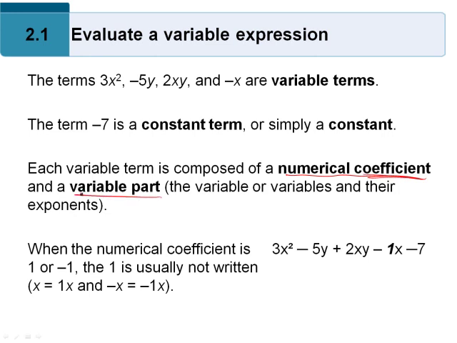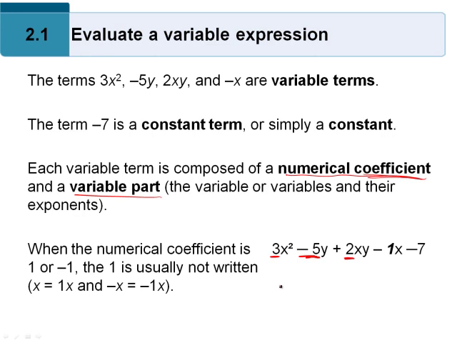The variable part's the easy part because that's the letters. So if you look at the expression down here, the same one that we've been looking at, our coefficients are 3, negative 5. So you have to take that sign with the 5, positive 2, and now this is one thing. We just had negative x when it was written earlier, but it's understood that there is a 1 in front of every variable that's written all by itself.